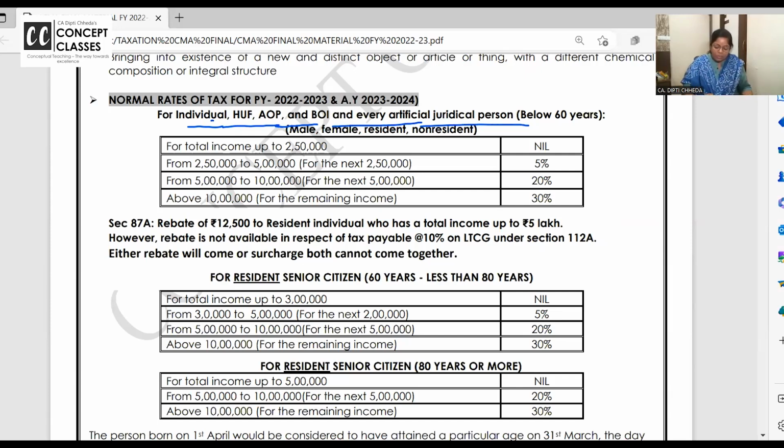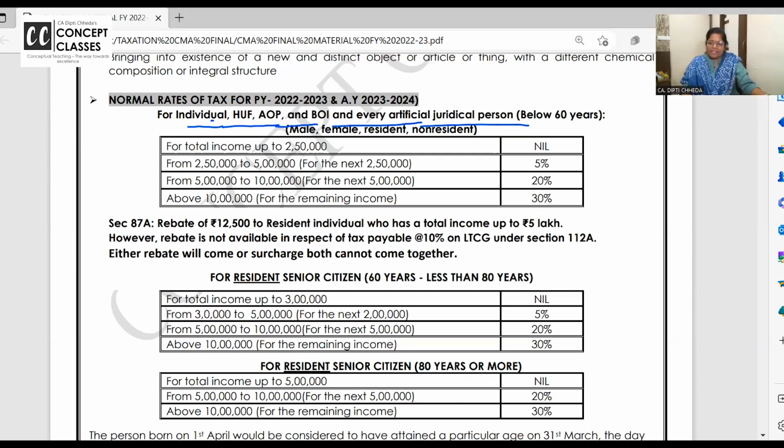So what are the slab rates? Up to 2,50,000 there is basic exemption. 2,50,000 to 5 lakh, it is 5%. 5 lakh to 10 lakhs, the next 5 lakh, it is 20%, and above 10 lakh, it is 30%.